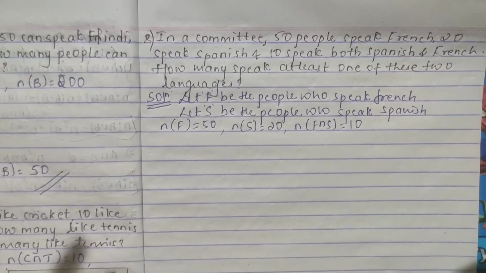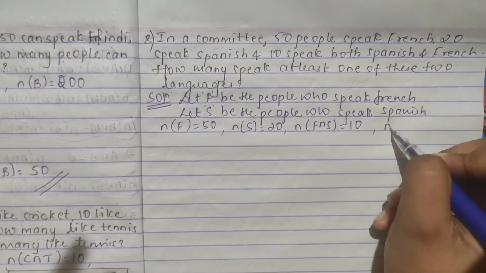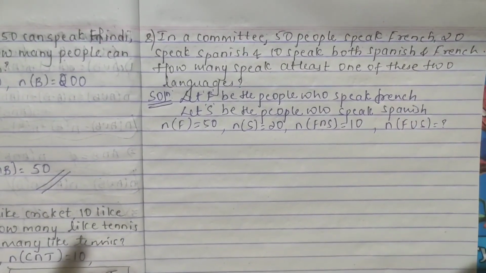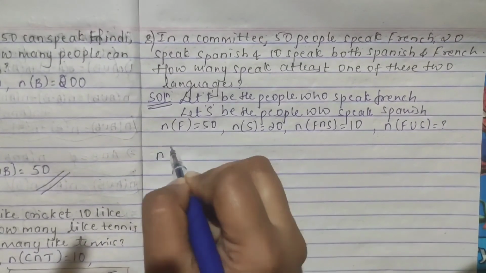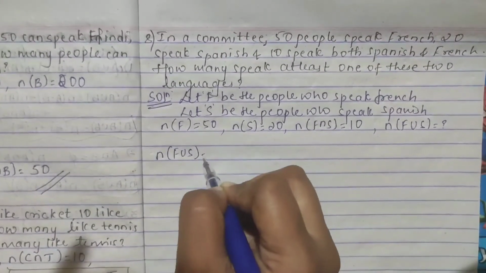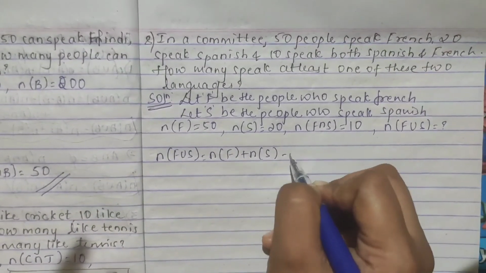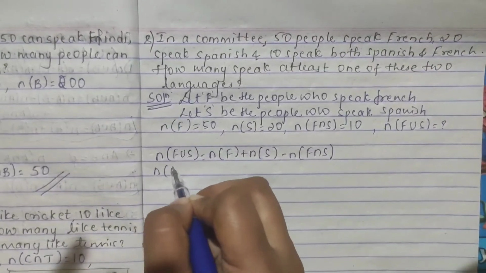They are asking how many speak at least one of these two languages. One of these two means obviously F union S itself, right? What is our formula? N of F union S is equal to N of F plus N of S minus N of F intersection S. So we have to find this, so keep it as it is.